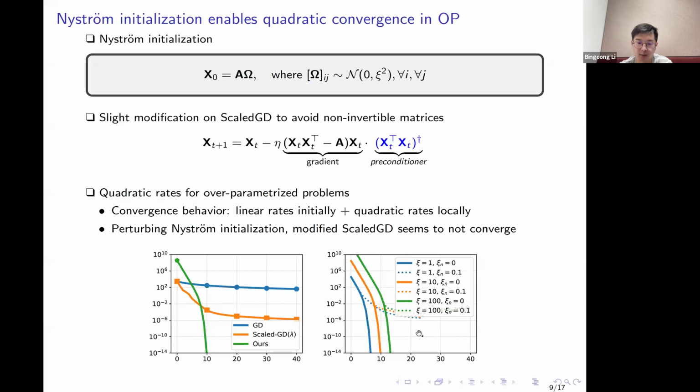Essentially, if I perturb my Nyström initialization a bit, the convergence behavior of this modified scaled gradient descent drops from a quadratic rate to, I think in this case, it does not even converge. As you can see, these dotted lines are blowing up. So this once more demonstrates the crucial role of initialization.